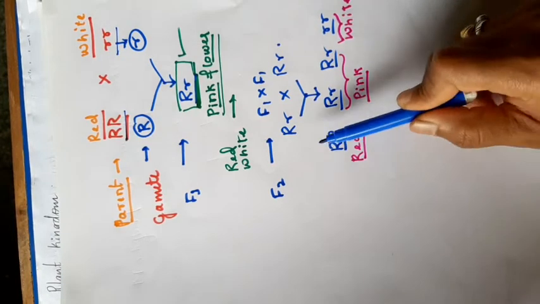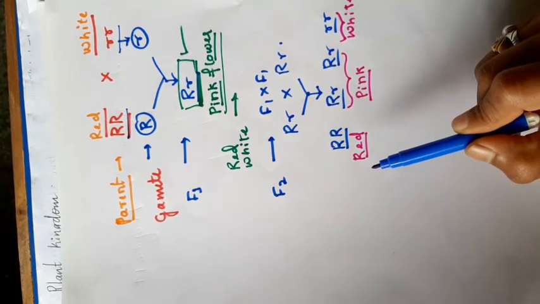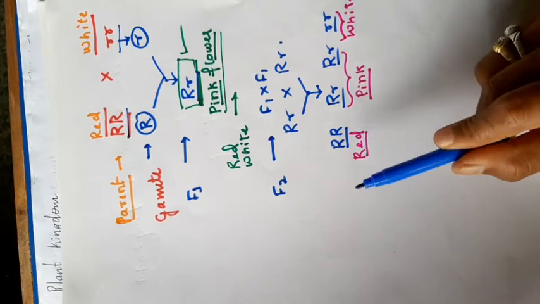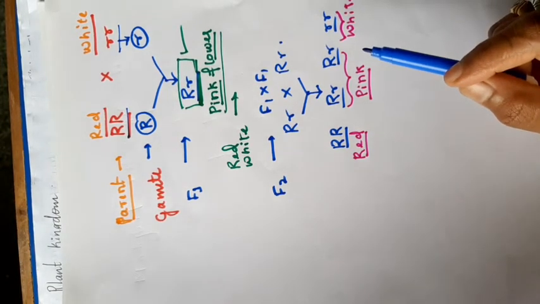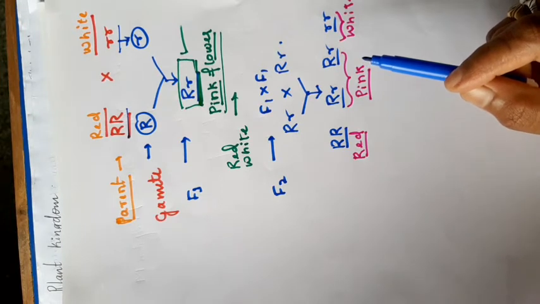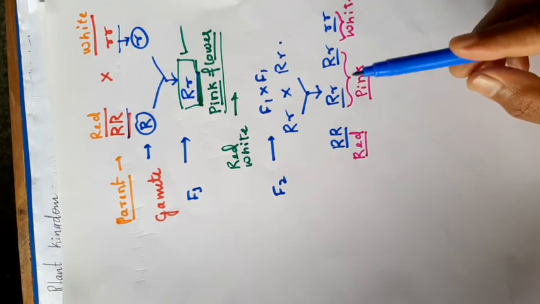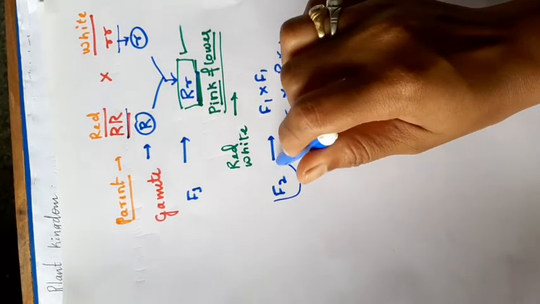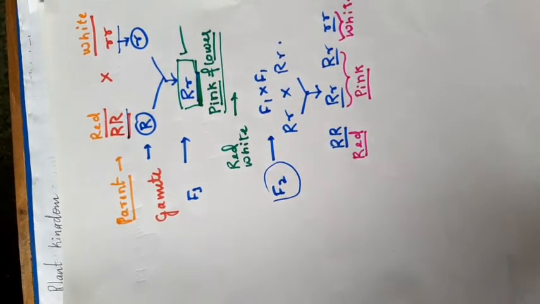Okay, the original parental character expresses in the second generation, but in the first generation the parental genes are not expressed, they only express partially. In the second filial generation that character is expressed.